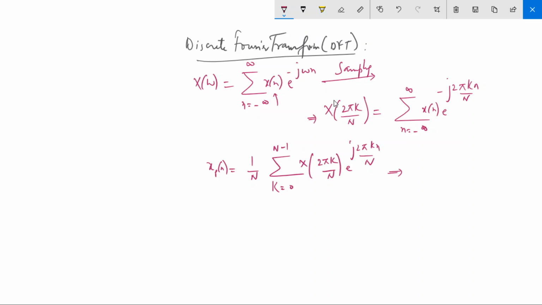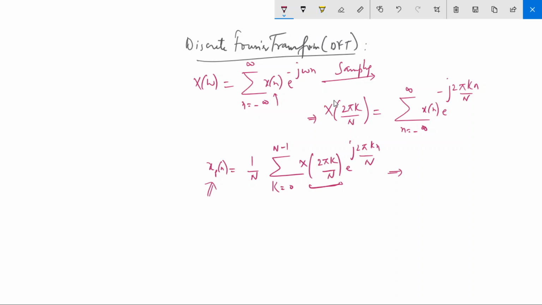So this equation gives you a reconstruction formula from which you can generate a periodic sequence xp(n) from the samples of the Fourier transform.